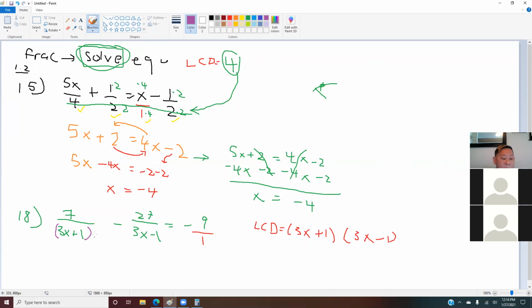So the missing part here is 3x minus 1. This is 3x minus 1. The missing part here is 3x plus 1. And the missing part here is both 3x plus 1 and 3x minus 1. So I have to multiply both of these, top and bottom.